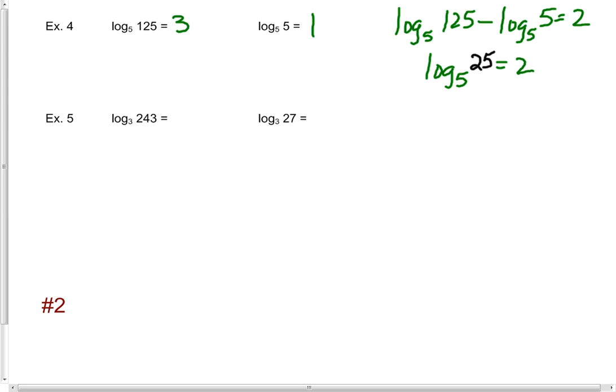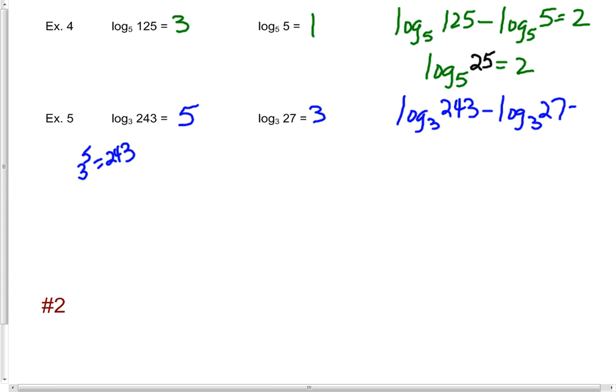Okay, second one. Log base 3 of 243 is 5. You're not expected to know that. I happen to know that 3 to the 5 is 243. Log base 3 of 27 is 3. I know that 3 cubed is 27. Okay, let's subtract them. Log base 3 of 243, subtract log base 3 of 27.